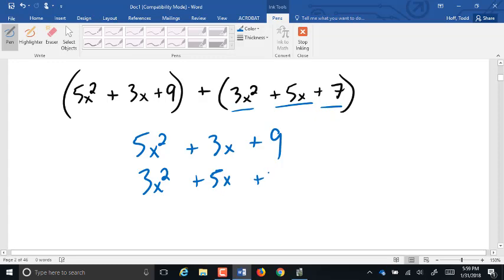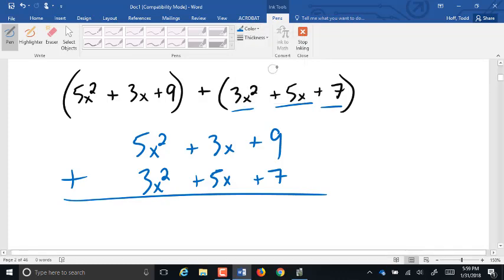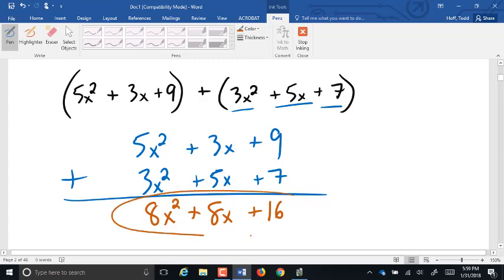And the 7 ones goes with the 9 ones. And we are adding. So we're just going to add down the columns. What's 9 plus 7? 16, and it's positive, so there's a plus there. 3x plus 5x. 8x, positive again, so we're going to put a plus in front of it. And 5x squared plus 3x squared is 8x squared. That's the first number, and it's positive, so I don't need anything in front of that.